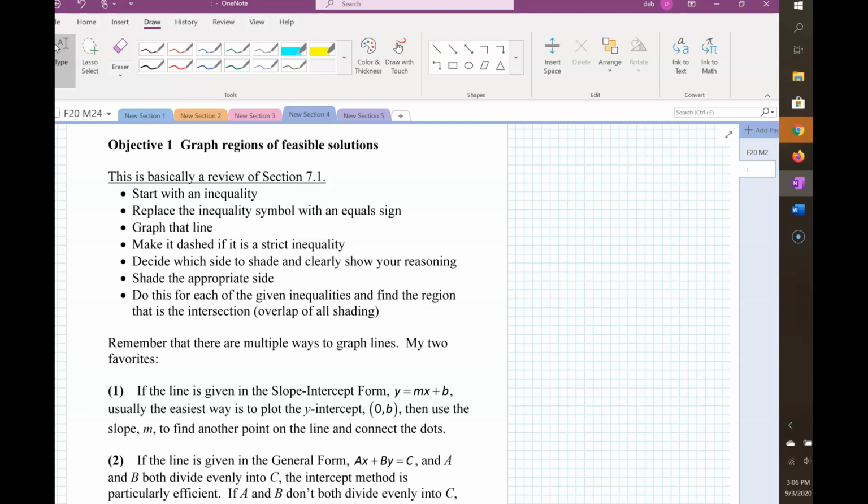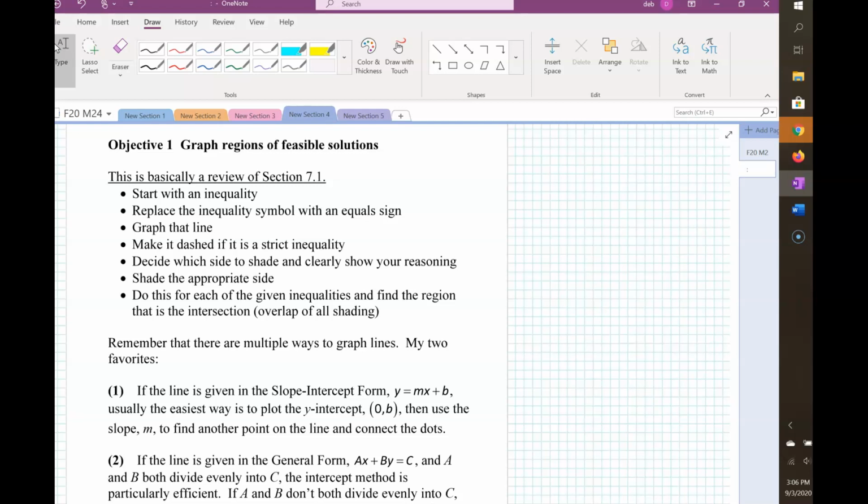Decide which side to shade and clearly show me your reasoning of how you decided. Then shade the appropriate side, or as you'll see, when I'm doing it, I use arrows. I find that it's a little cleaner and clearer. Different colors can really help. Do this for each of those given inequalities in the system and find the region that's the overlap of all the shading.